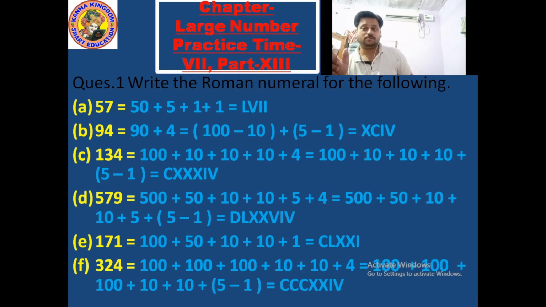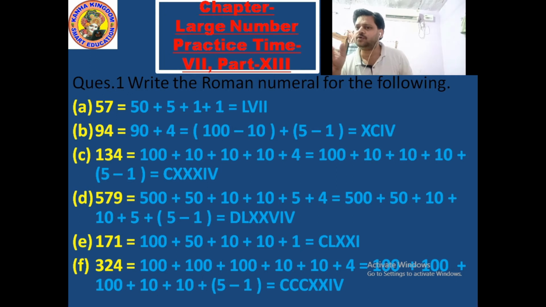So what is the letter of 50? L. And what is the letter of 10? X. What is the letter of 10? X. Now what is the letter of 5? V. Now what is the letter of 4?